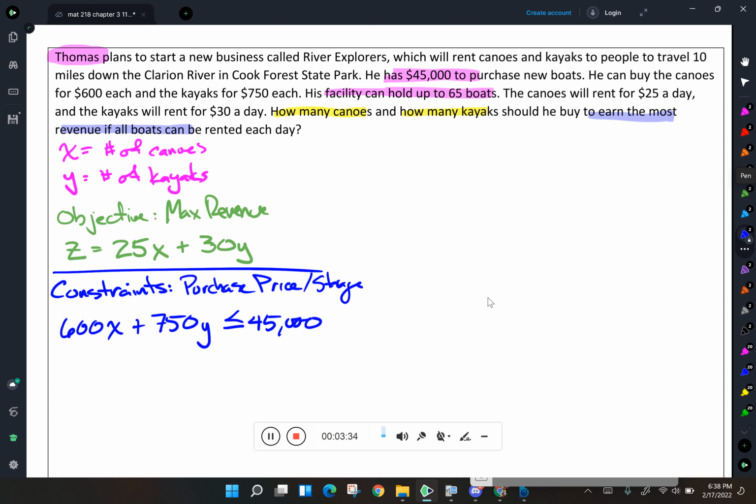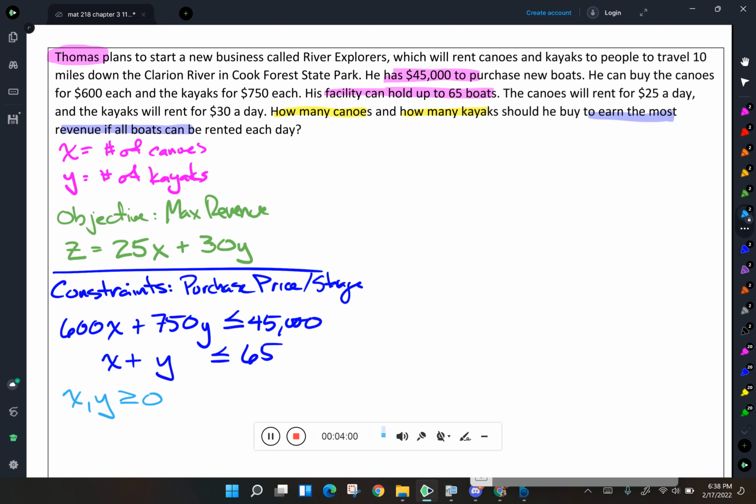Because I don't have to spend it all, I just need to spend some of it. The storage says I can only have room for 65 boats, so the number of canoes plus the number of kayaks cannot exceed 65. And then I've got this, X and Y both must be greater than or equal to 0, the non-negative conditions.